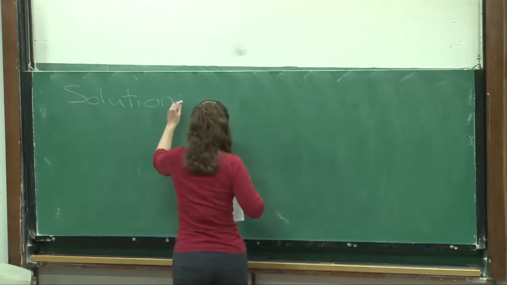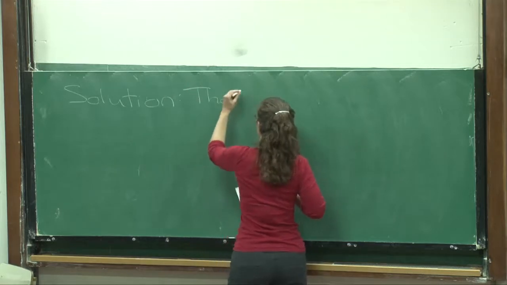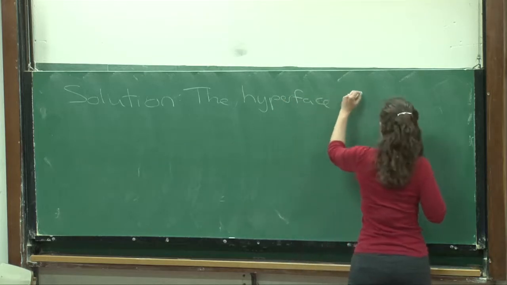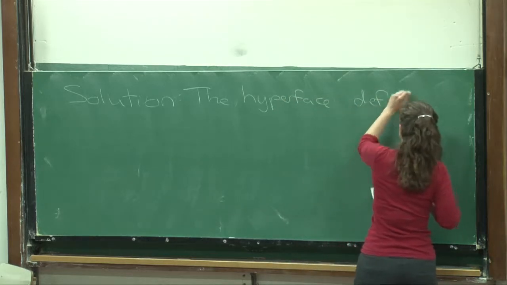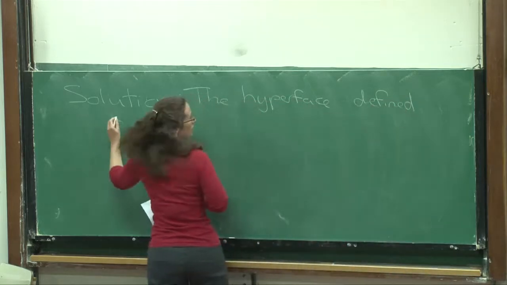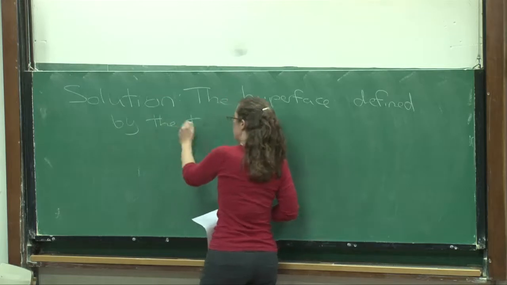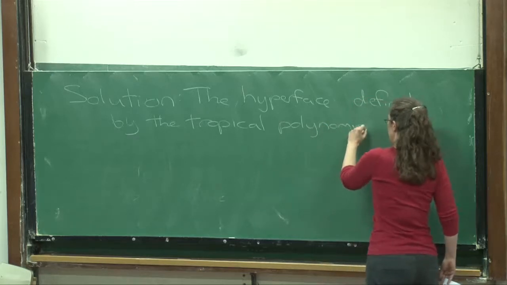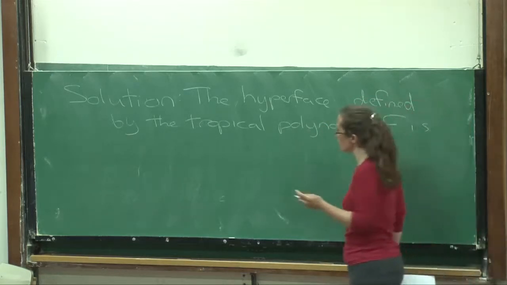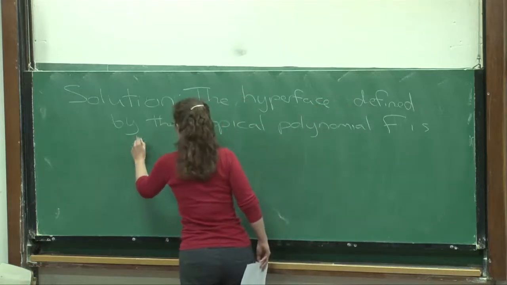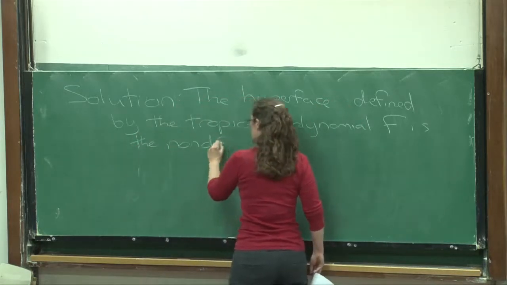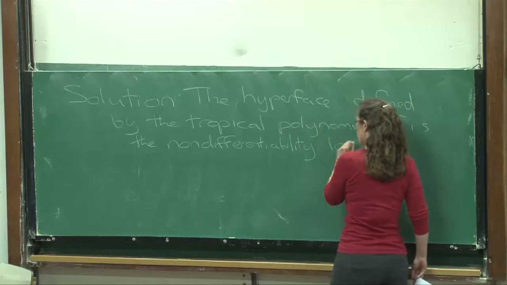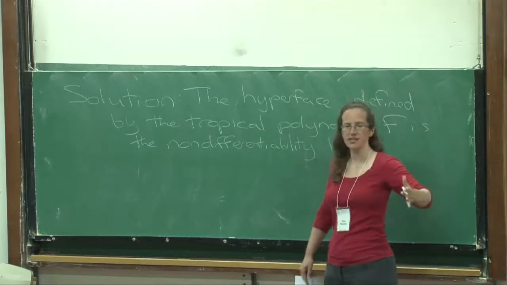The hypersurface defined by the tropical polynomial f is the non-differentiability locus.